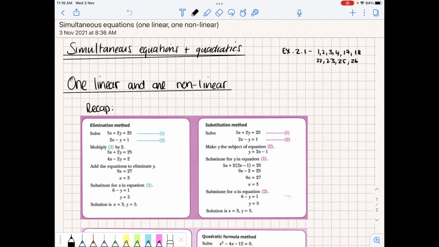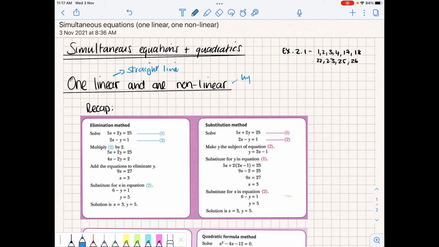Okay, so we're going to be starting a new topic on simultaneous equations and quadratics. And the first little chapter that we're going to look at is where we have one linear and one non-linear equation. Right? So a linear equation is just a straight line, and a non-linear function could be anything.